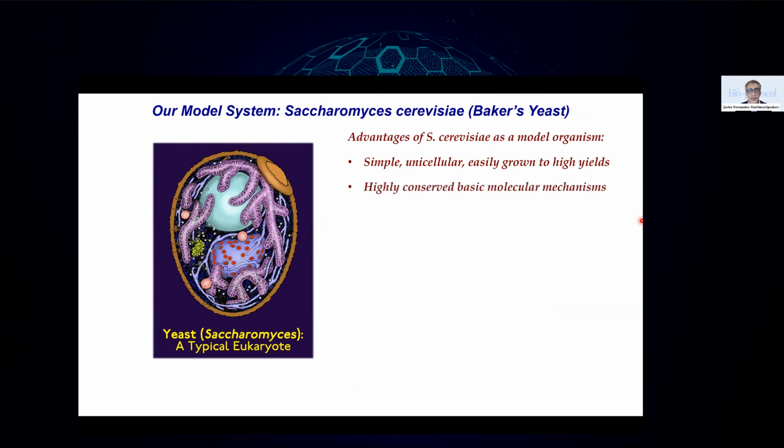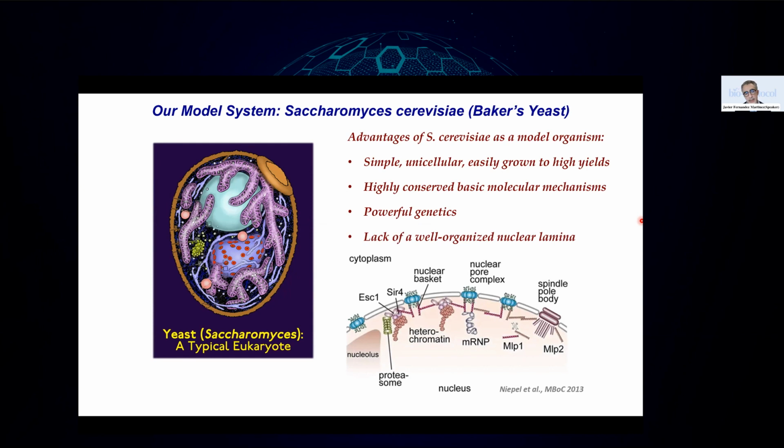Next, all the basic molecular mechanisms in a eukaryote are highly conserved in Saccharomyces cerevisiae, and that includes most of the transport pathways and the structure of the nuclear pore complex. Then Saccharomyces has very powerful genetic tools that will be very interesting to combine with our biochemical and structural biology methods.